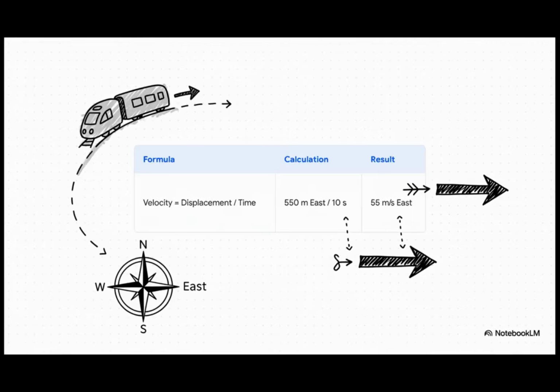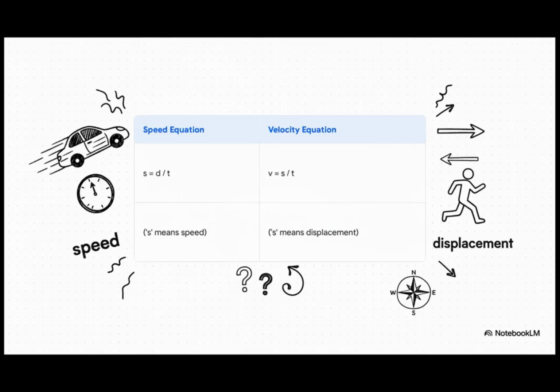See, it's the same number, but it's a completely different kind of measurement because of that one word: east. And hey, just a quick little heads up here, because physics formulas can be a bit quirky. You'll often see the letter S in these equations. The tricky part is, in the speed equation, S can stand for speed, but in the velocity one, S often stands for displacement. I know, a little confusing, right? It's just one of those things you kind of have to file away for later.